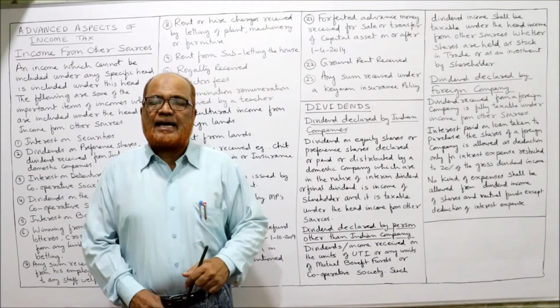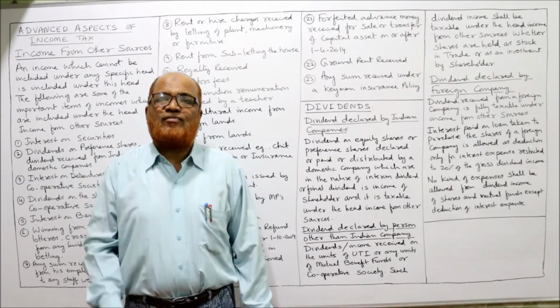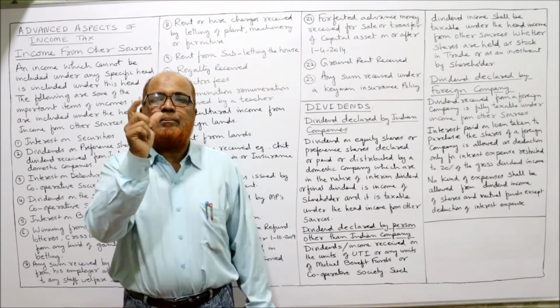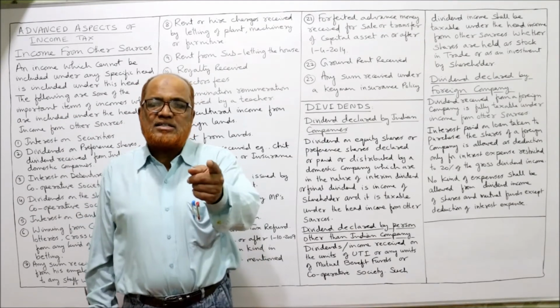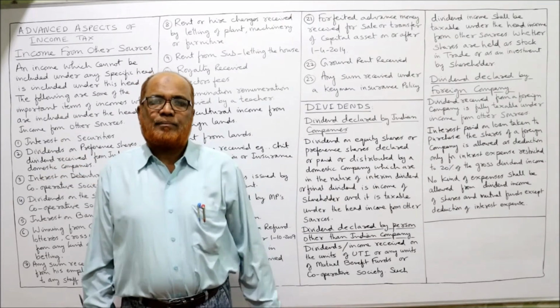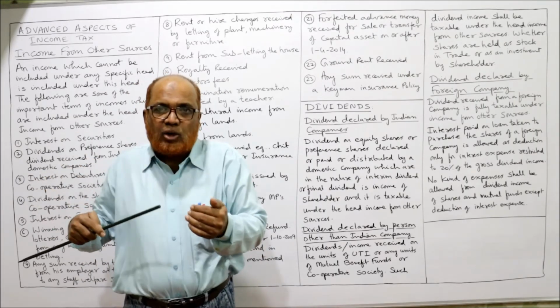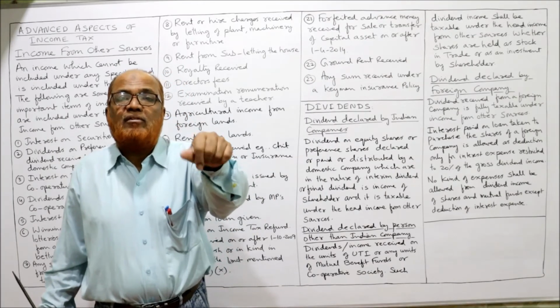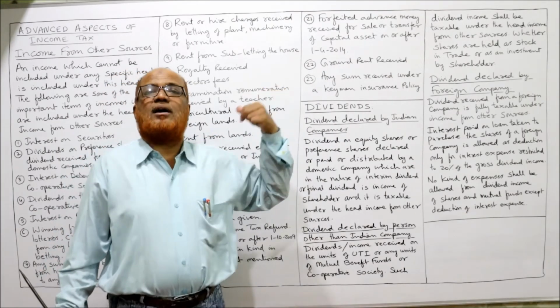For example, Mr. X has taken a loan of 5 lakh rupees from a bank at an interest rate of 10%. He is paying 10% interest to the bank. Why has he taken the loan of 5 lakh? Because he wants to invest that 5 lakh rupees in a foreign company.